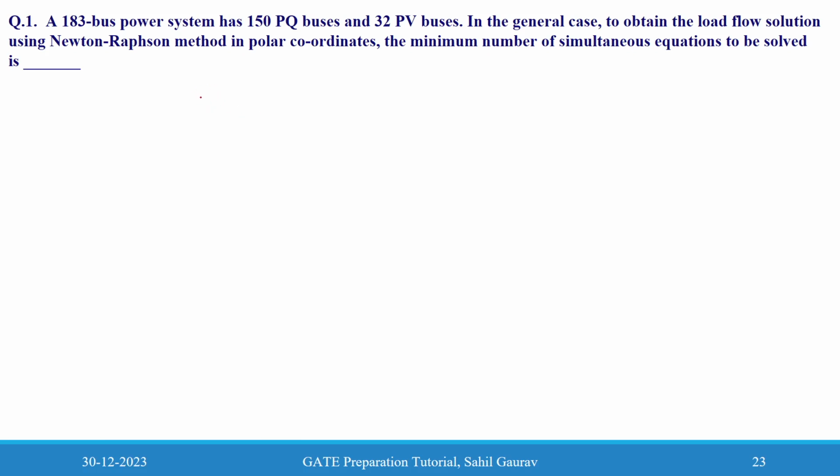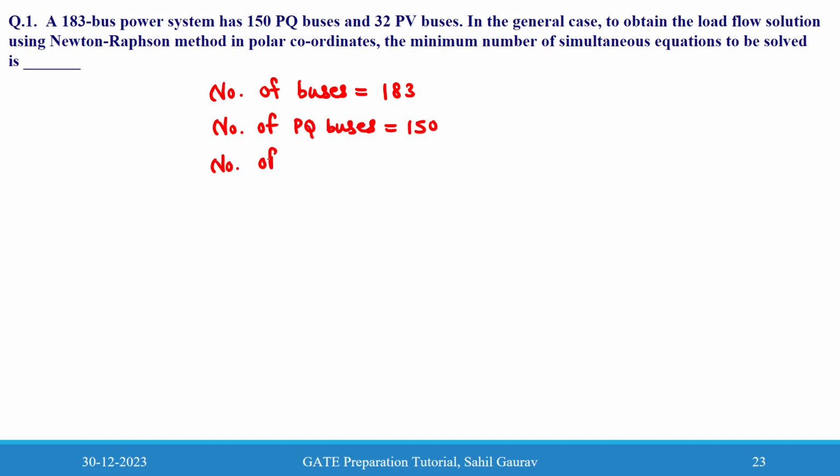Here the number of buses is given as 183, the number of PQ buses is given as 150, and the number of PV buses is given as 32.